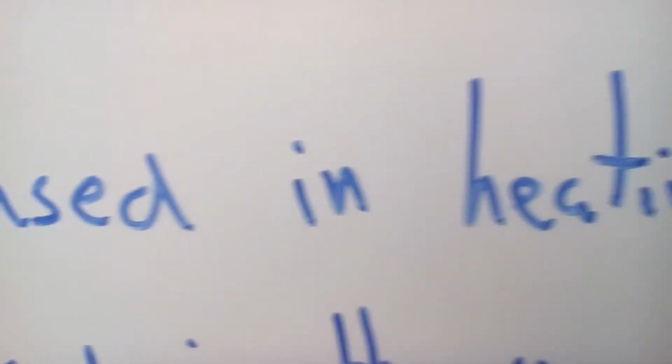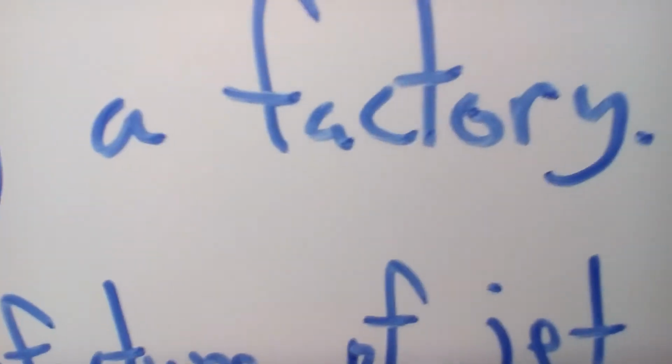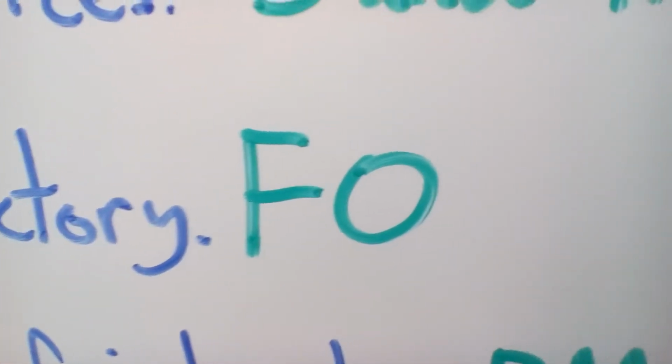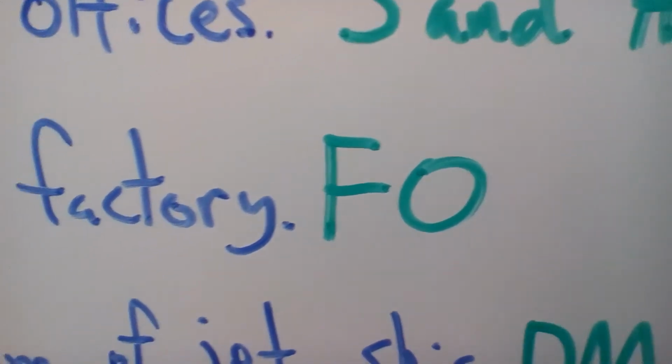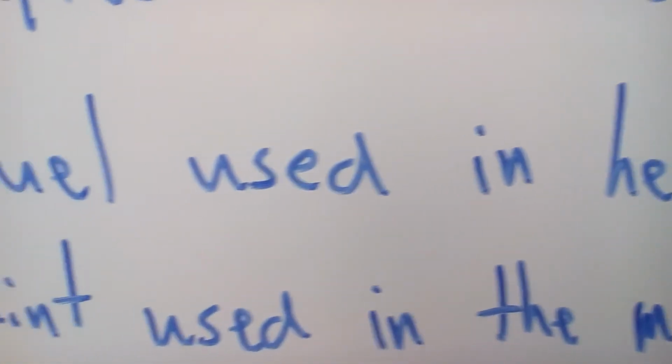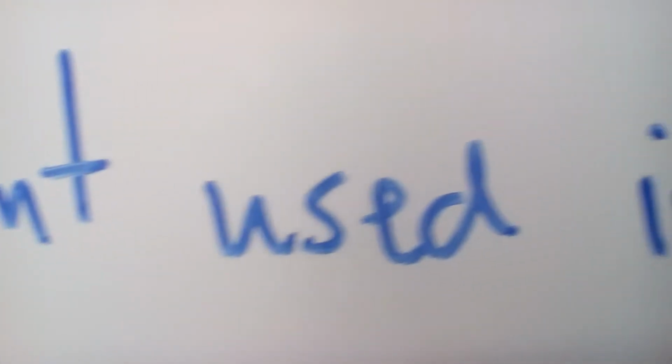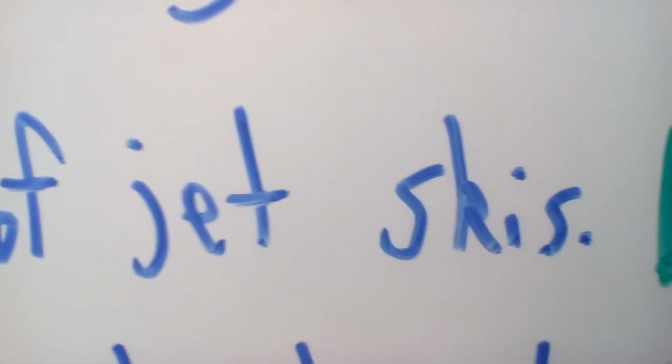M, fuel used in heating a factory is overhead, because you can't trace the fuel to any direct job or item. Okay, getting kind of tight here. N, paint used in the manufacture of jet skis.